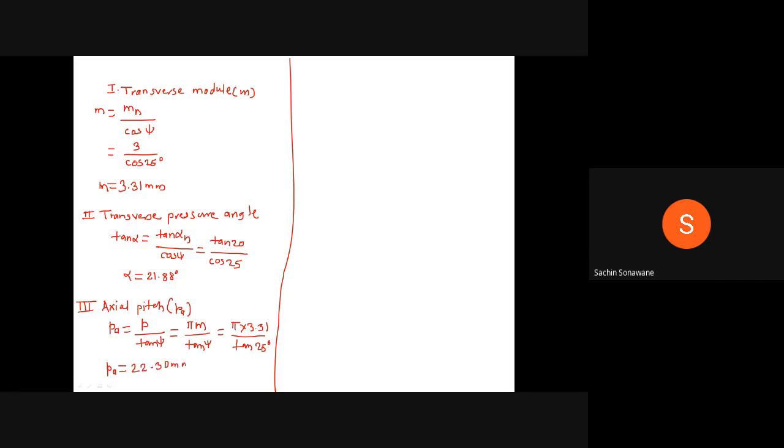22.30 mm. Now we'll calculate the pitch circle diameter of pinion and gear. Let's write down the fourth value. Pitch circle diameters of pinion and gear.